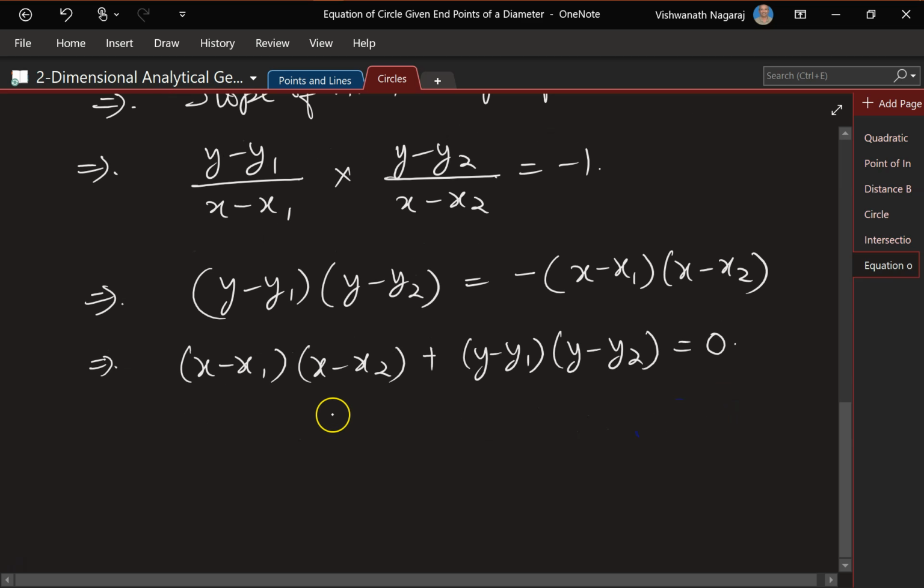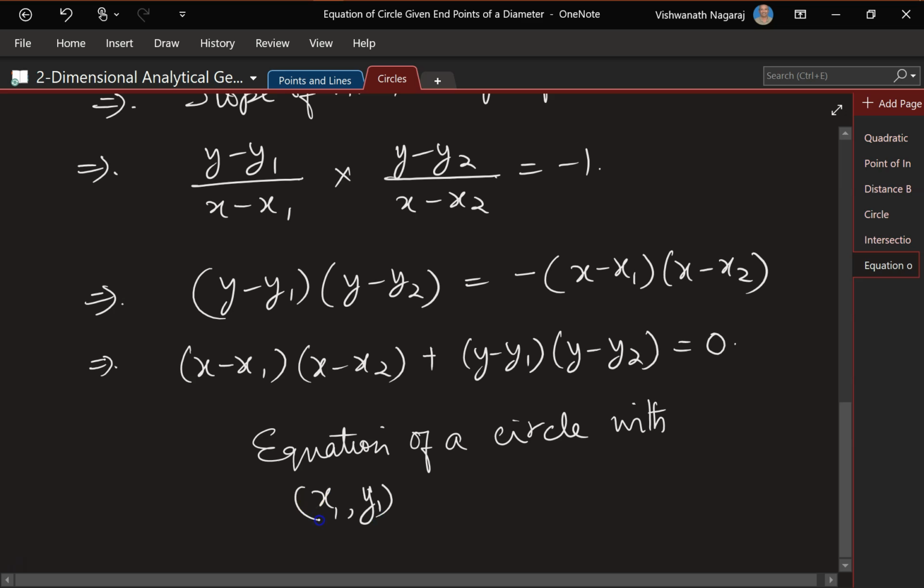And this is the equation of a circle with x1, y1 and x2, y2 as the endpoints of the diameter.